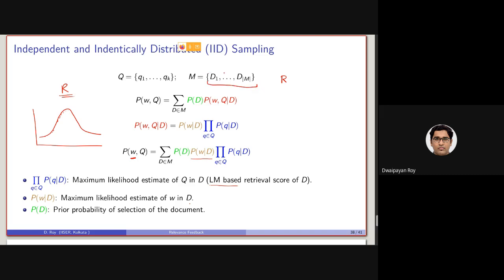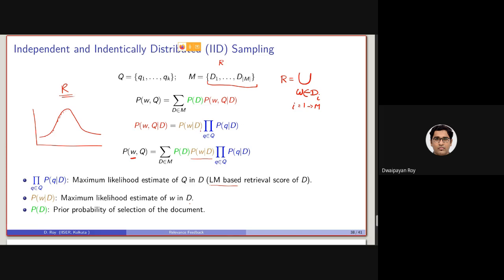Sometimes we refer to it as R as well, but here, from the PRD's point of view, R is basically the union of all the words belonging to D_i, where i equals 1 to M. Basically all the words in this initial pseudo-relevant document set.